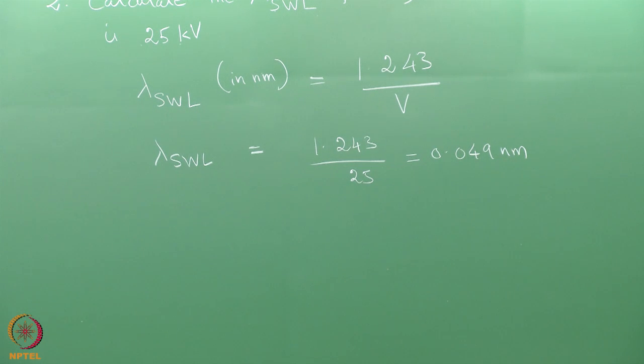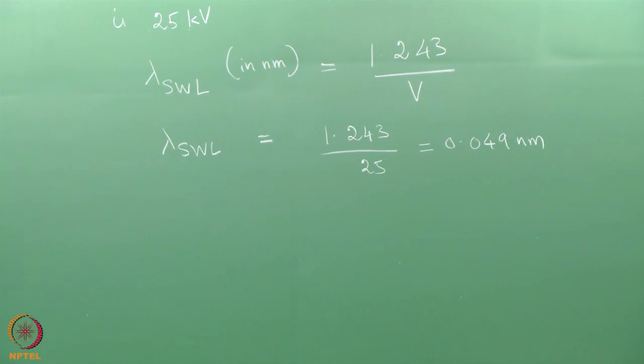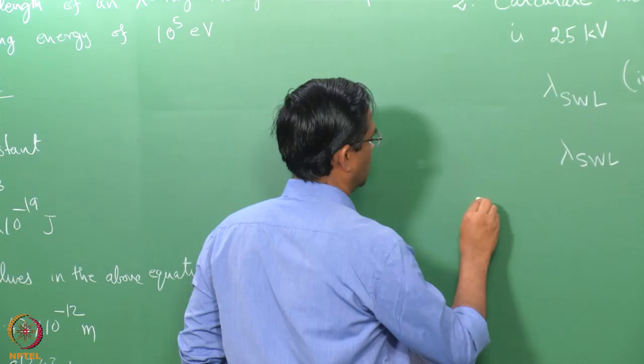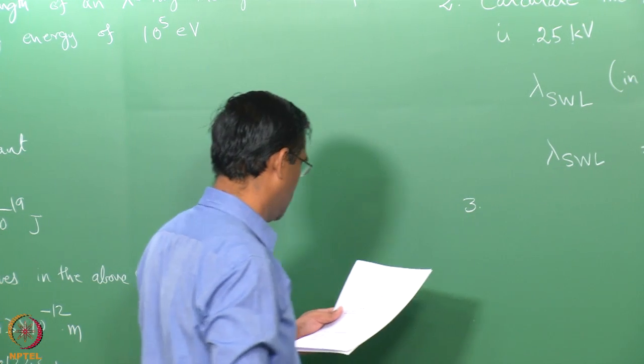So, this is another simple problem where you can find out this wavelength limit for molybdenum. We will slowly move on to the next concept.